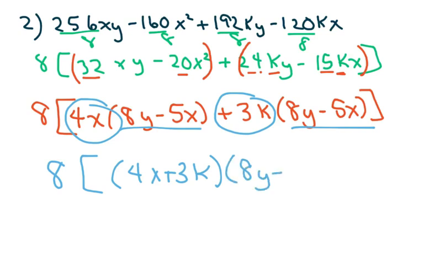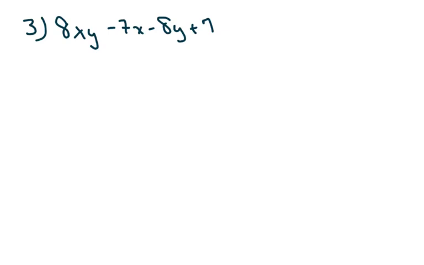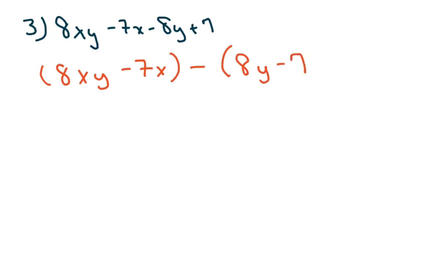The last two are a little easier because we don't have to use the highest common factor. So I'm just going to group this together, and remember, I'm going to put parentheses: 8xy minus 7x minus 8y minus 7. The first part, I can factor out only the x.